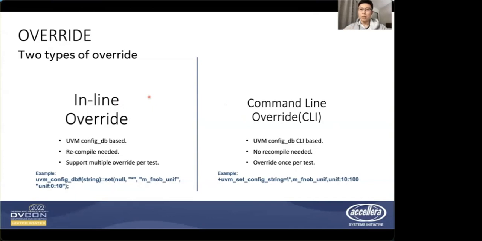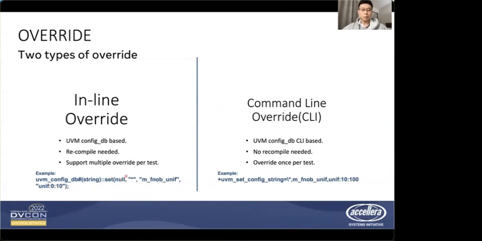So there are pros and cons in both overrides, but both offer a strong implementation that makes writing constrained random tests much easier. Both overrides follow the same string format for defining the type as well as the value.